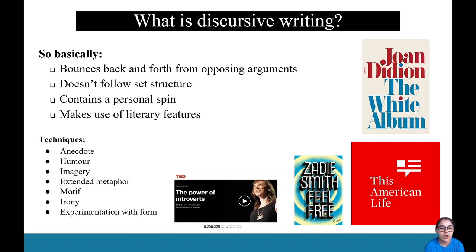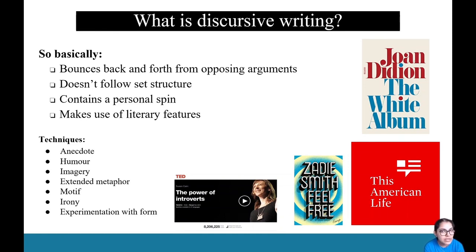In terms of persuasive writing, the structure is pretty conventional: introduction, 3 body paragraphs and arguments, and a conclusion. So yeah, with discursive writing, there is no set structure.